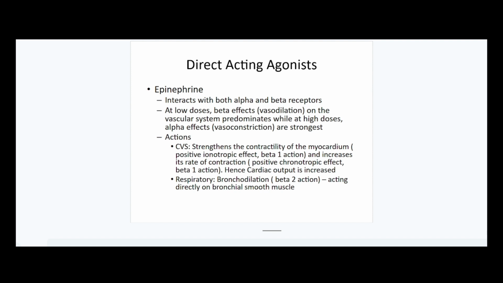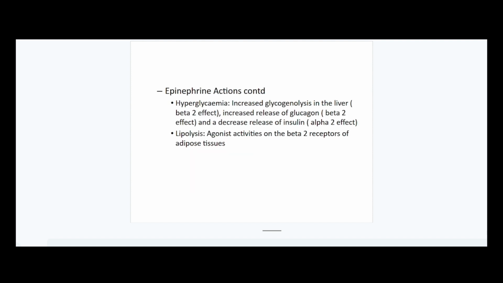For beta 2, it causes bronchodilation. So it acts on the bronchial smooth muscle and relaxes them. It can also act on adipose tissue, on other peripheral organs to cause lipolysis on beta 3 receptors, hyperglycemia, and the likes.